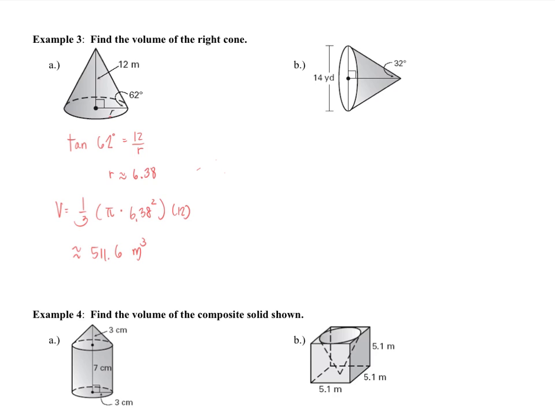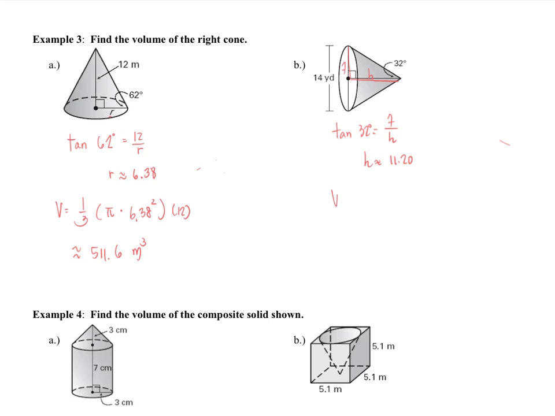Okay, for the next one, we need to find out what the height is. I'm going to use tan again. Tan 32 degrees equals opposite over adjacent. So this would be 7 over h. And h should be about 11.20.